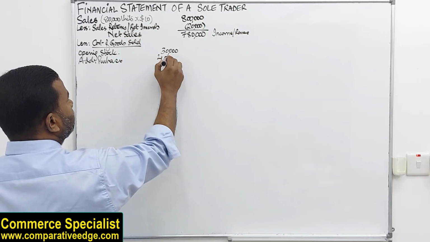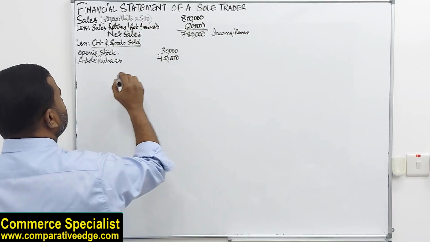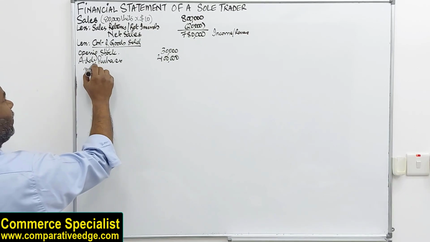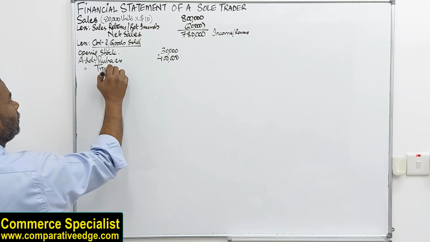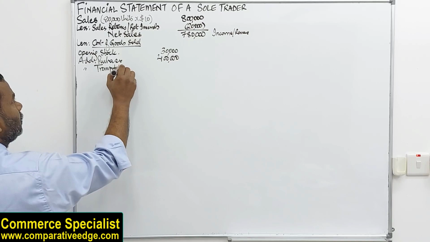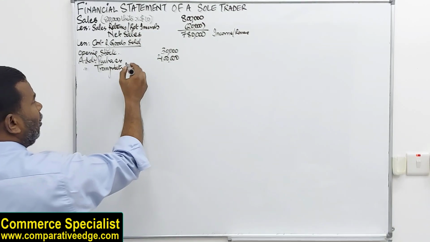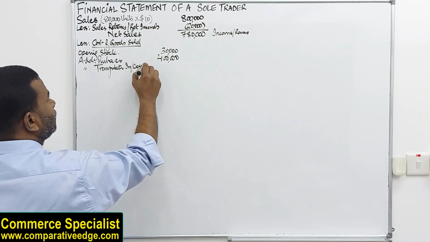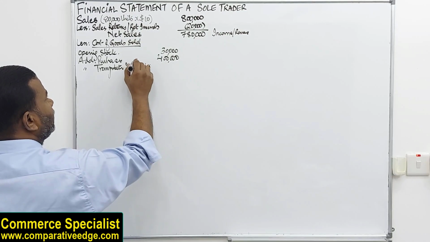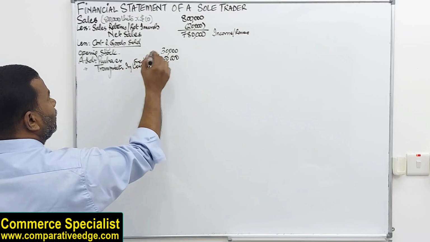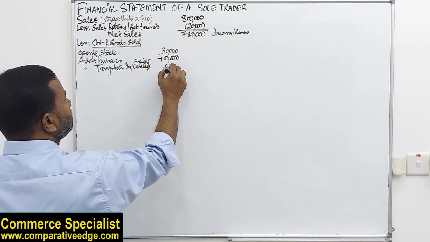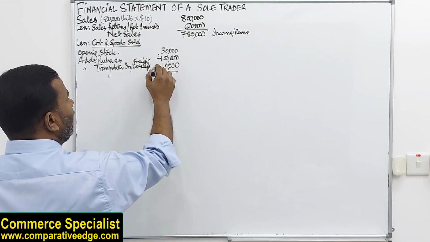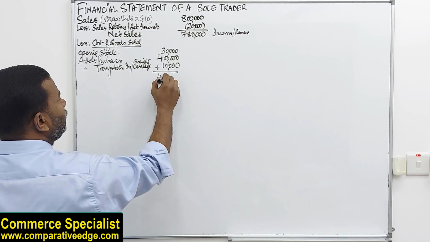Let's say 400,000. Add transportation. Transportation in or inwards, the full word, you can also have carriage or freight. Say 10,000. So when you add all this, it gives you 440,000.